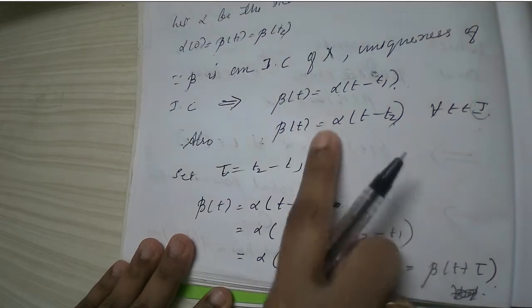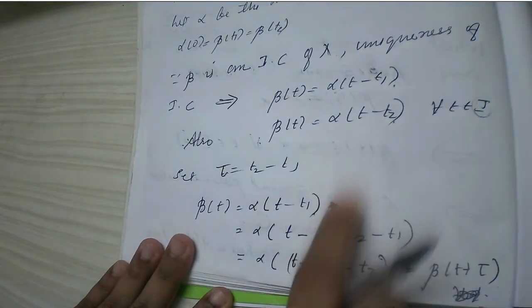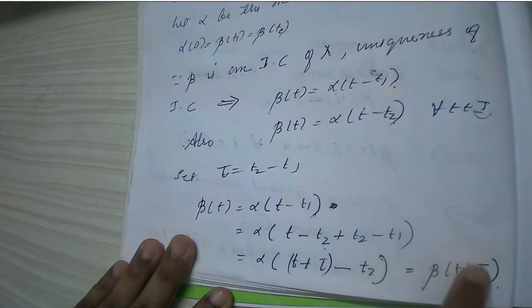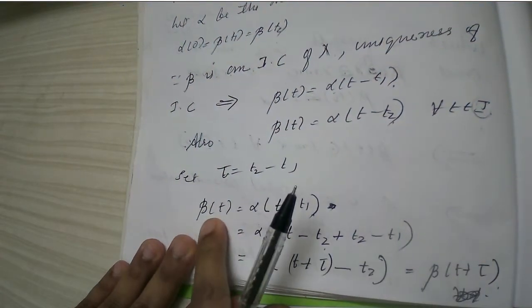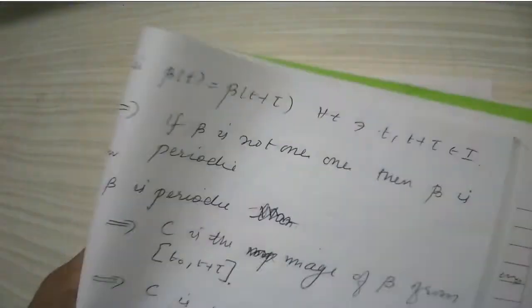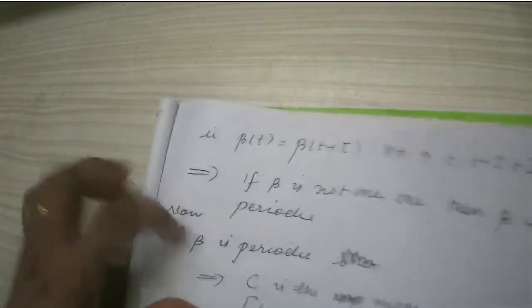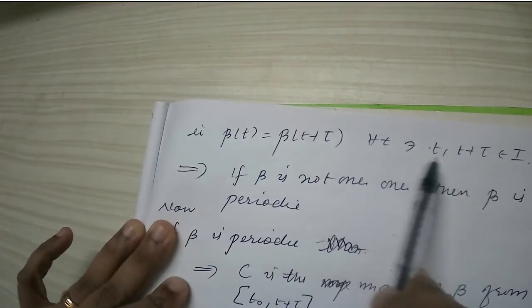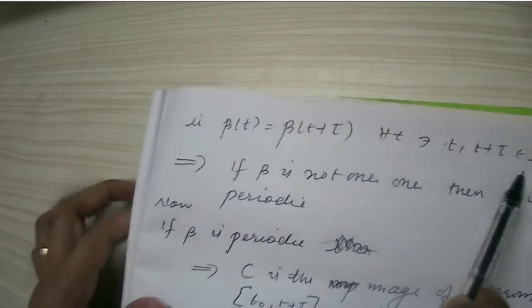Again by this definition, instead of T we have here T plus tau. So what I got is beta of T equal to beta of T plus tau, for all T such that T and T plus tau are in I.